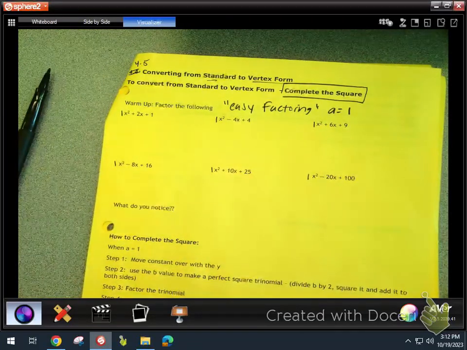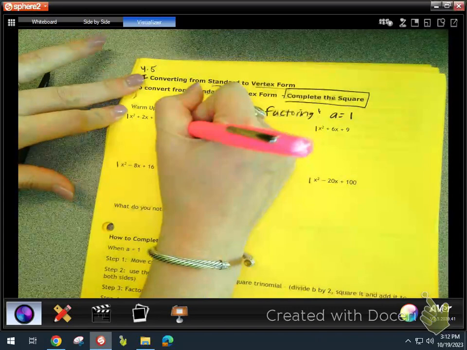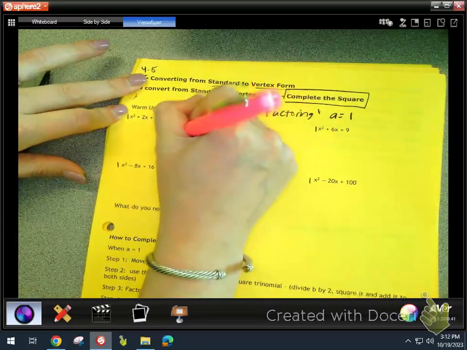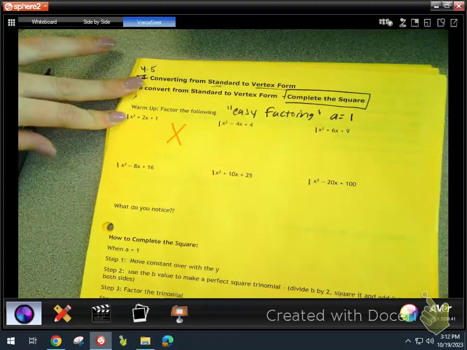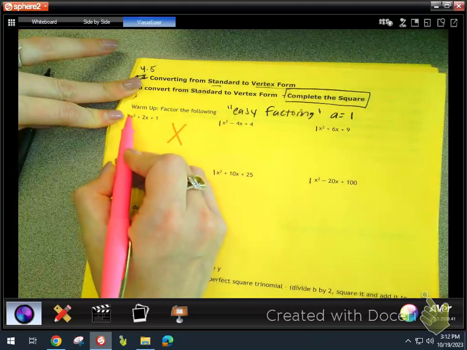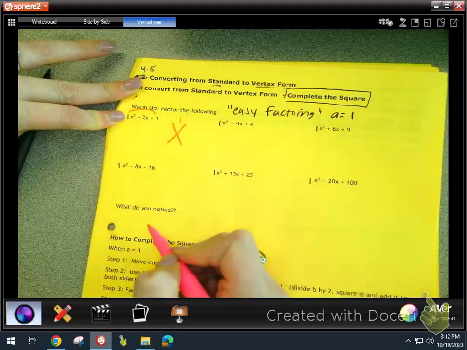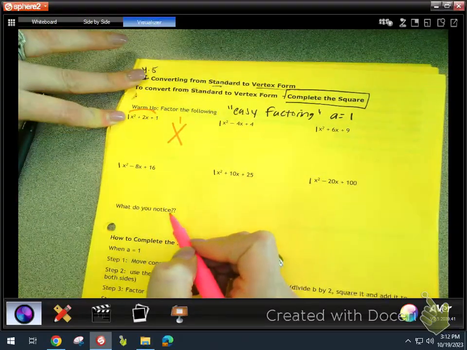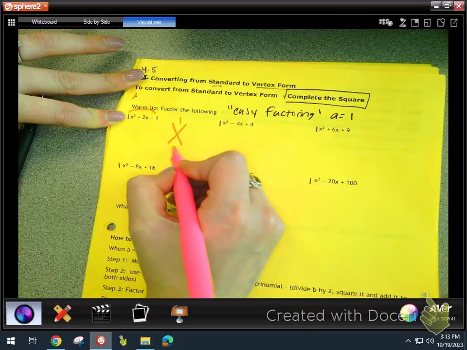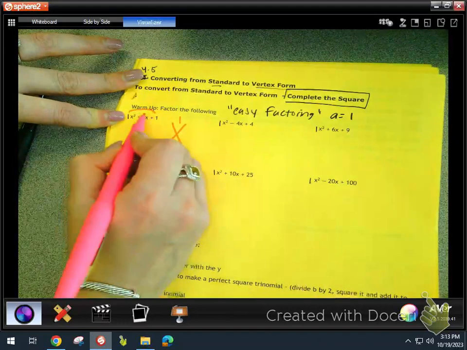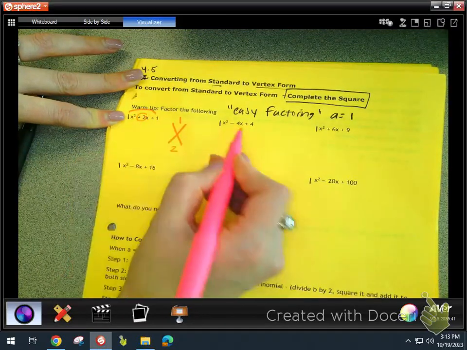So remember, with easy factoring, I said all you really need to do is the number puzzle. So let's review this first one. Quick recap. What goes at the top of your number puzzle? A times C, which in this case is 1. What goes at the bottom of your number puzzle? B, which is 2. Make sure you get the sign with that because these kind of alternate between negative and positive B's.